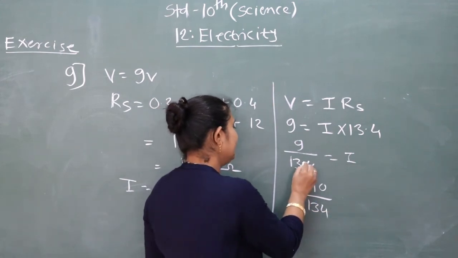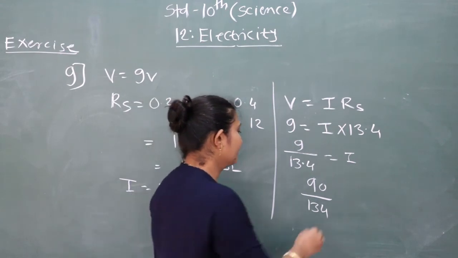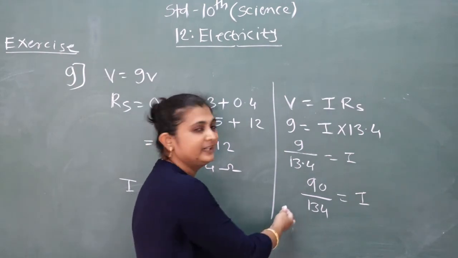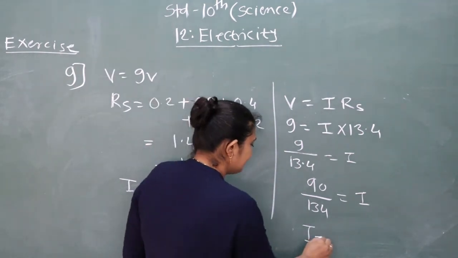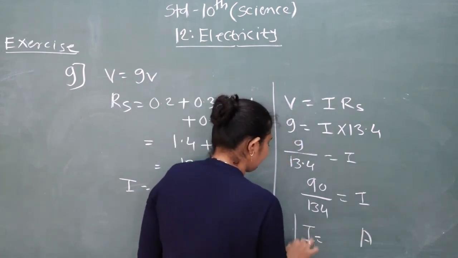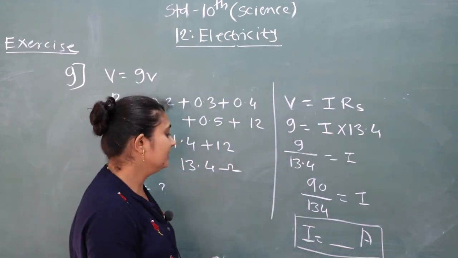By removing this decimal point, 90 by 134, this is the value of I. Again student, please calculate the value of this 90 upon 134. Then I is equal to, that value will be in ampere. Find the answer of the current.